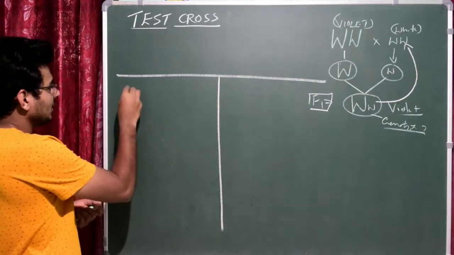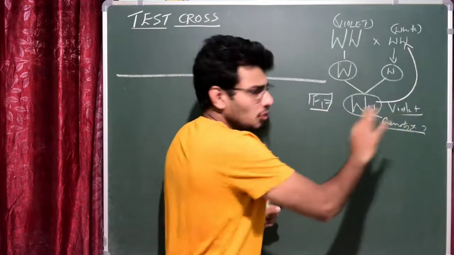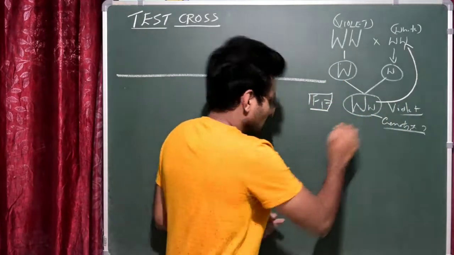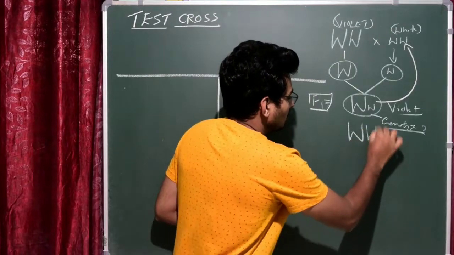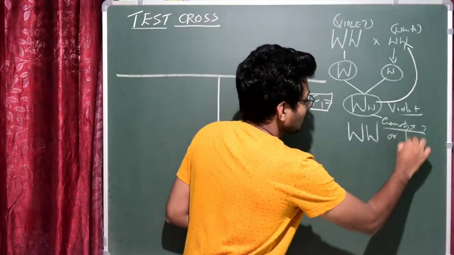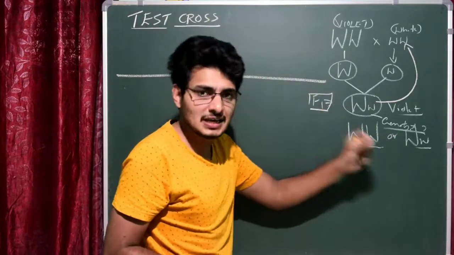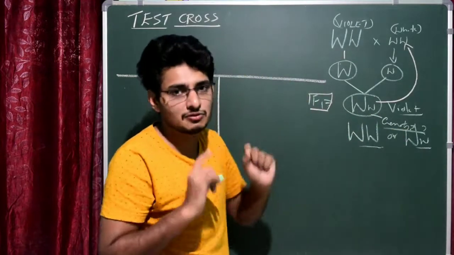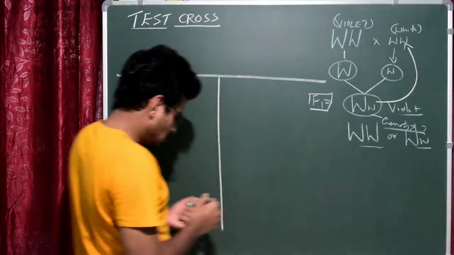Let us assume that we don't know; there are two possibilities to get a violet colored flower. It could be WW, or it could be capital W, small w. Whatever it is, the phenotype will be the same for both genotypes. I don't know which, but I will consider both.